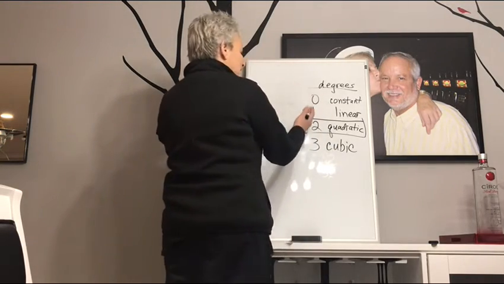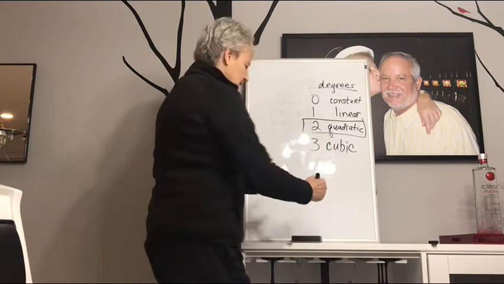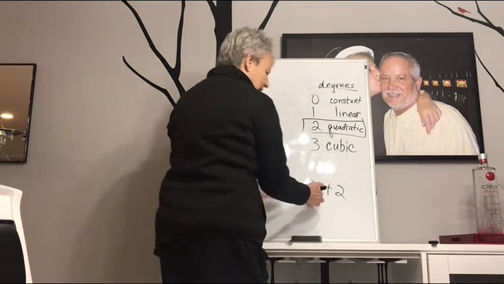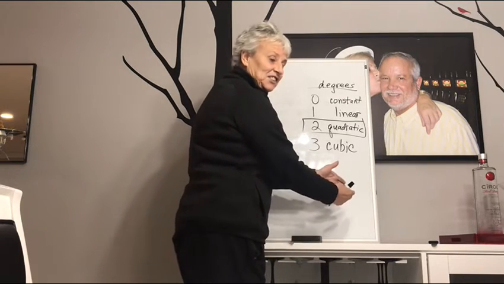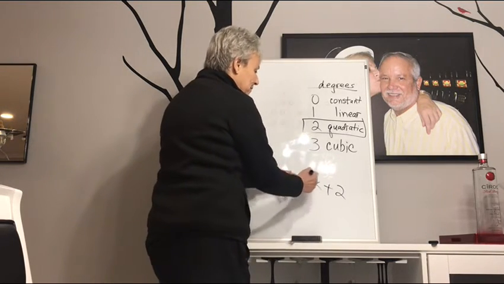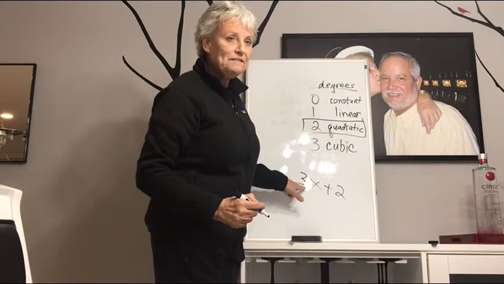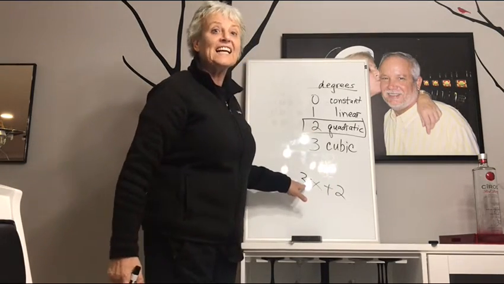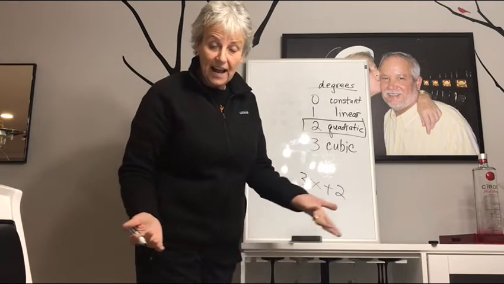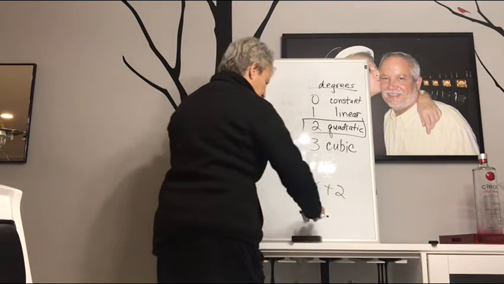So, a number by itself is a constant. When we had x plus 2, that was your variable, and that was your number, called a constant. The number in front of the variable is called a coefficient. The number in front is the leading coefficient, because now we're going to have more than one coefficient.